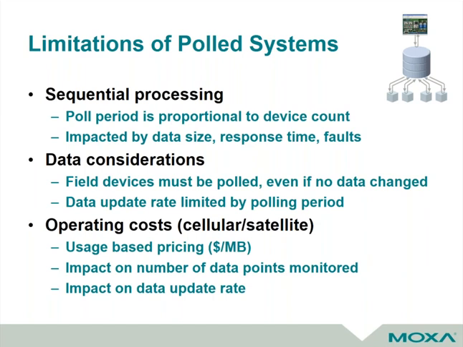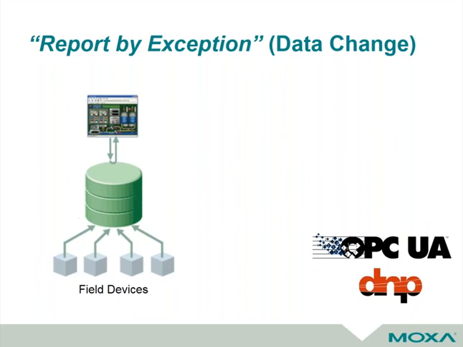They can be kind of complex models. That means you have to think about the monthly operating expense in terms of how many devices you're monitoring, how much data you're pulling from those devices, and how quickly you can update that data. So this goes with any polled system, whatever the protocol is, even beyond just Modbus and DNP.